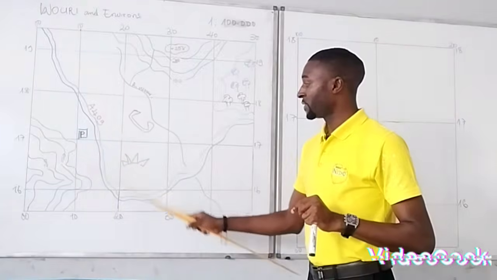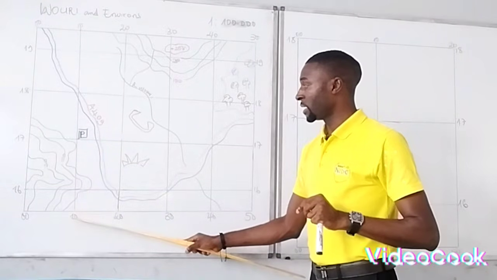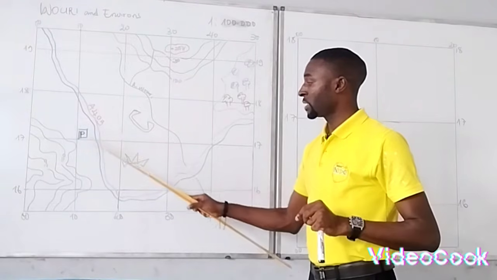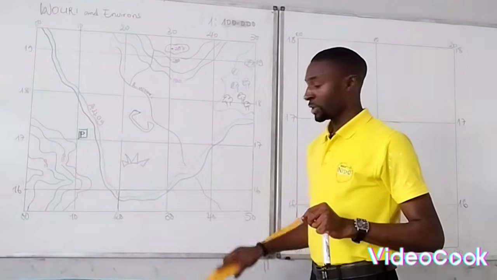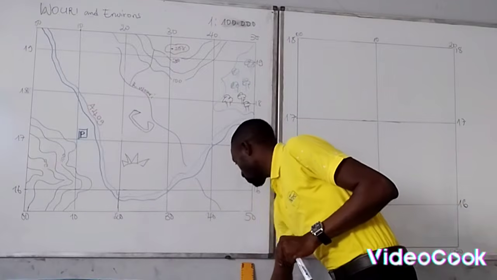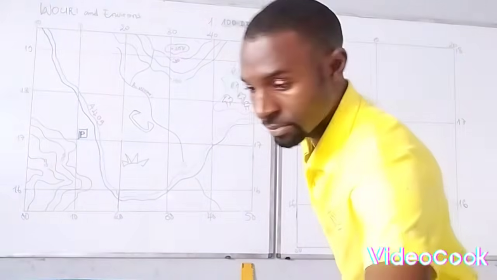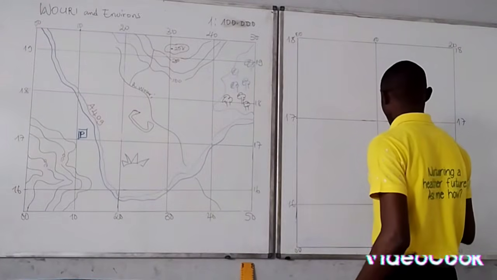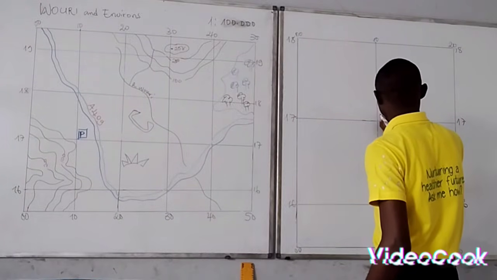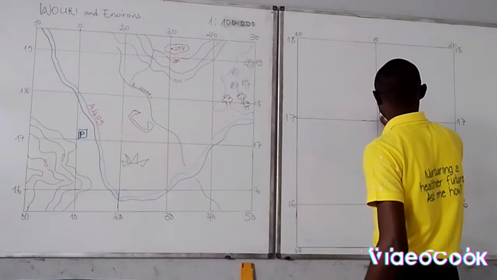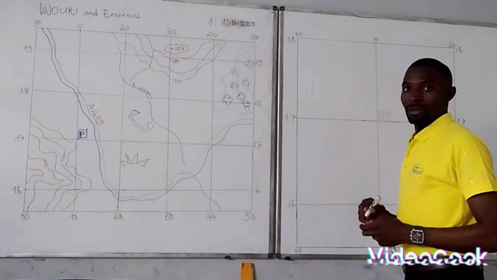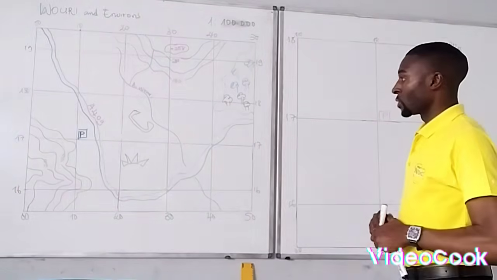You discover that the parking is found after Easting 10 and after Northing 17. So it is found at 10, 17. So we come and illustrate here the parking P at 10, 17. This is 10, 17. So we indicate here P, and the P stands for parking.